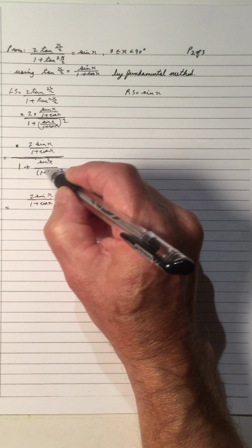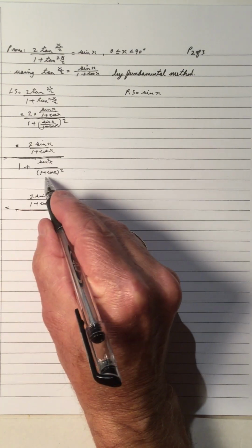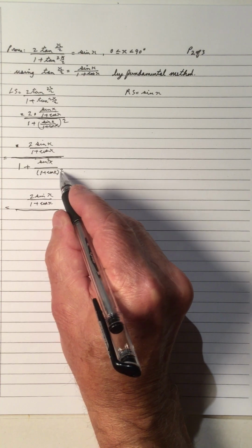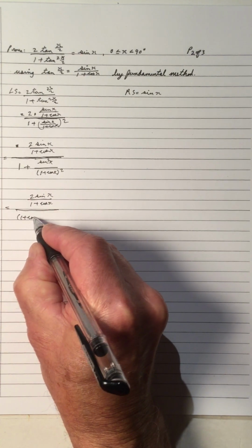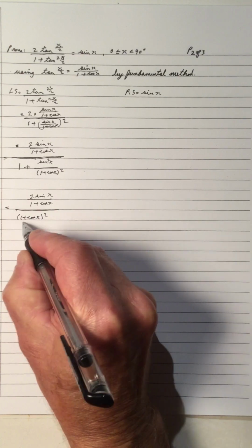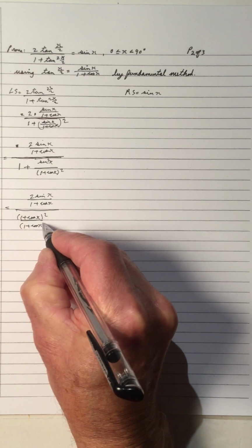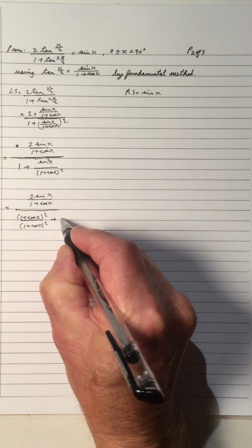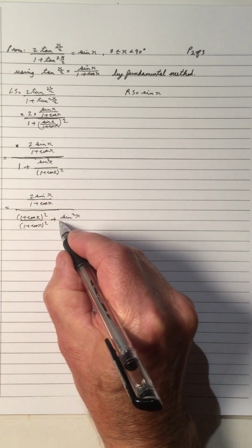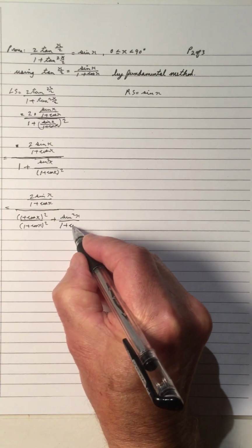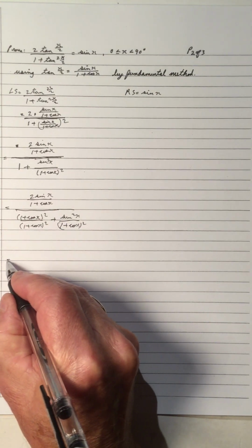The denominator is 1 plus sine x over 1 plus cos x squared, so that's 1 plus cos x squared over 1 plus cos x squared, added to sine squared over 1 plus cos x squared.